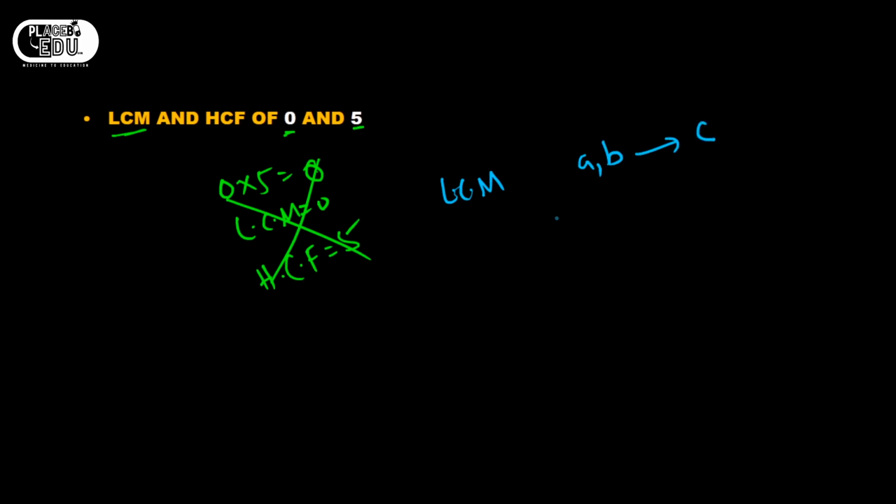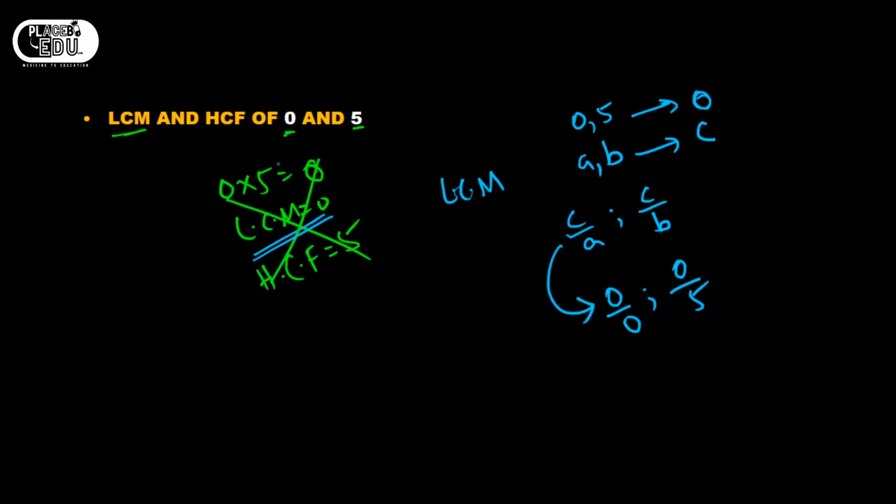Then the condition is that C by A should be valid and C by B should be valid. When we consider the LCM of 0 and 5, if the answer is 0, then 0 by 0 and 0 by 5 should be valid. So 0 by 5 is valid, but 0 by 0 is invalid.